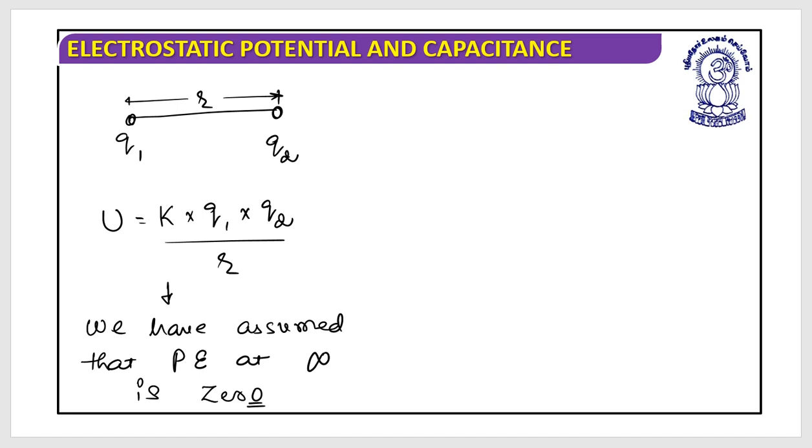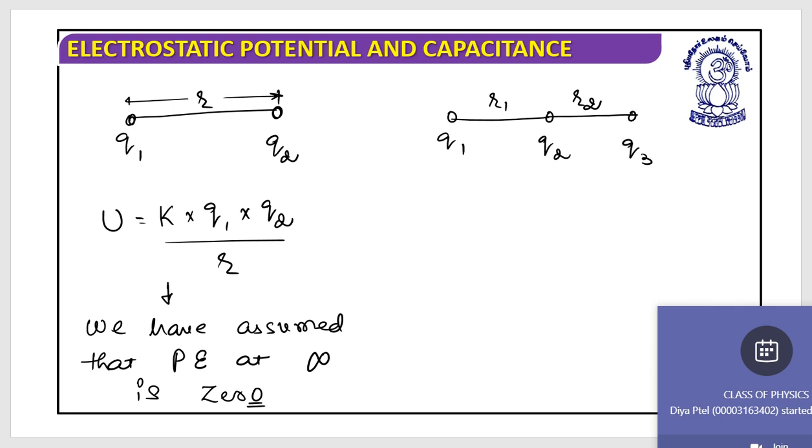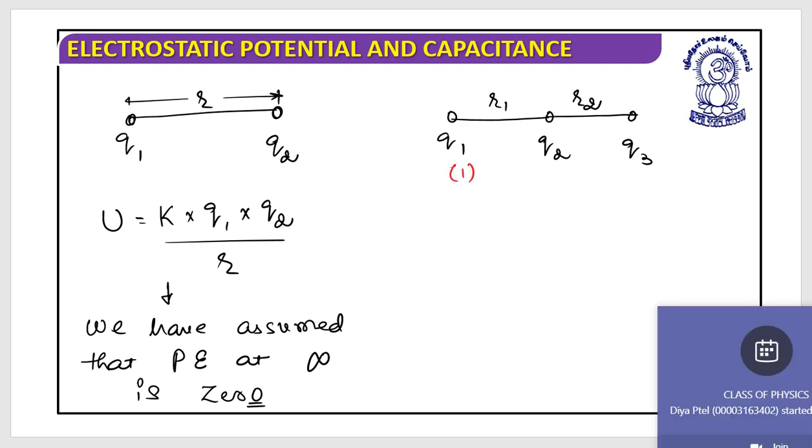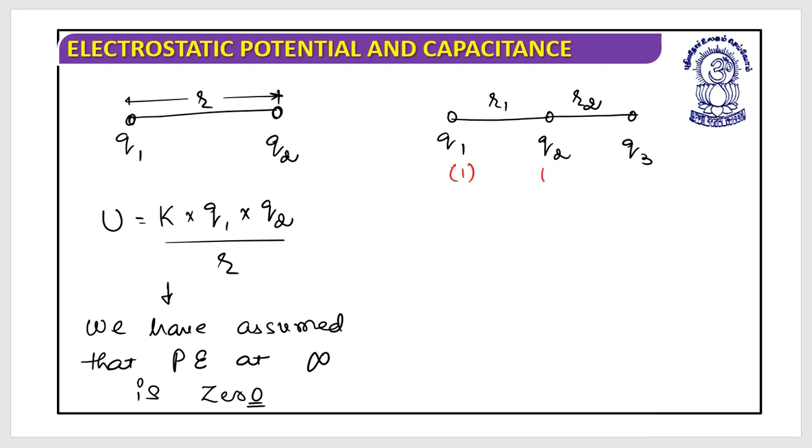But if more than two charges are there, let's say a first charge q1, another charge q2, and one more charge q3, with separation r1 between the first two and r2 between the next two, what should I do? I need to make pairs, and to make pairs I give them numbers: 1, 2, 3.